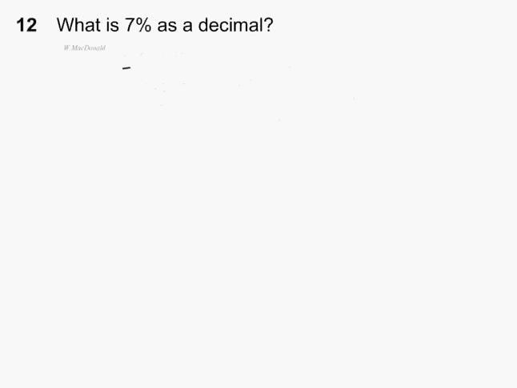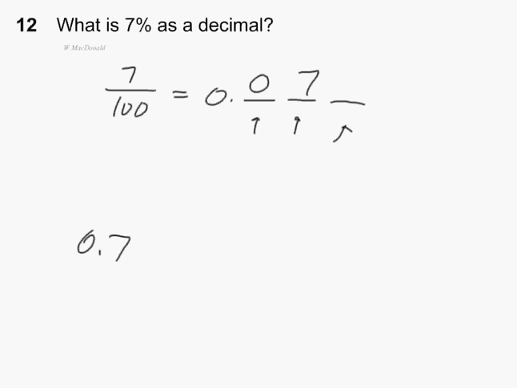7%, same pathway, 7 hundredths. Think of my decimal places: tenths, hundredths, thousandths. 7 hundredths, I need to put a 0 here to keep my decimal place, and it's 0.07. A lot of people said it was this, right? But what number is that? That really is what percent, Jacqueline? 70%, because it's 7/10, right?